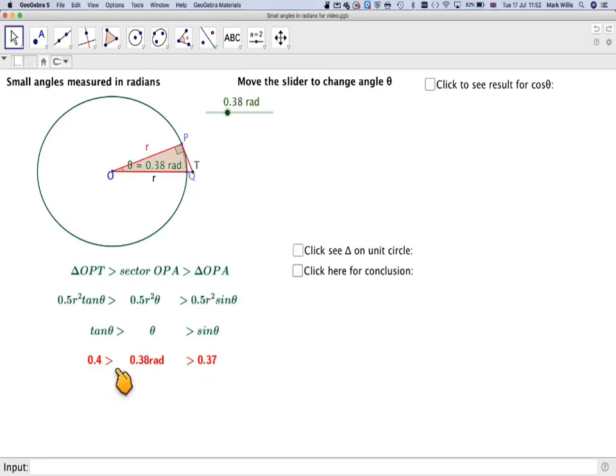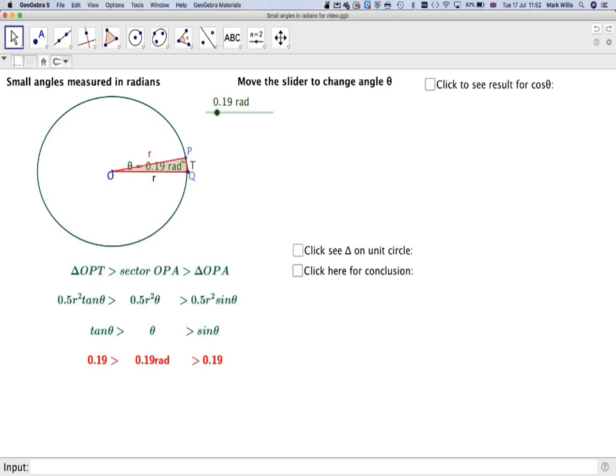So at the moment we've got 0.4, 0.38, 0.37. Obviously the smaller we make it, the better. Now they're all basically saying the same thing, 0.19 for a very small theta, because the three things have now coincided.